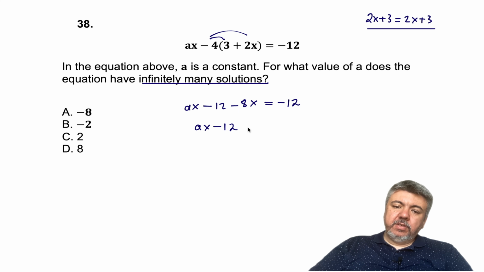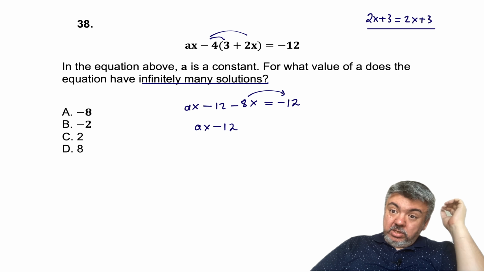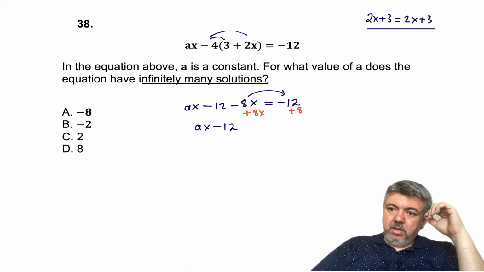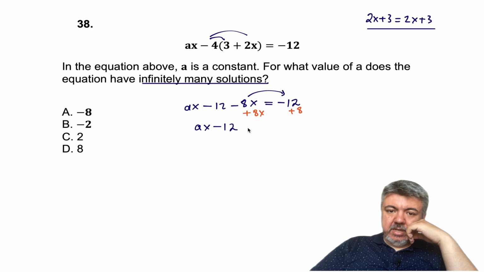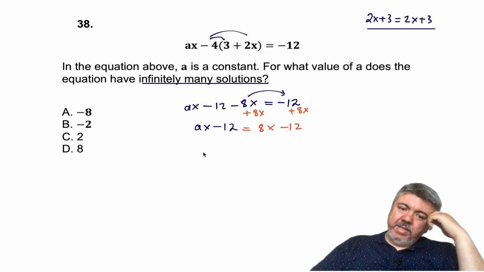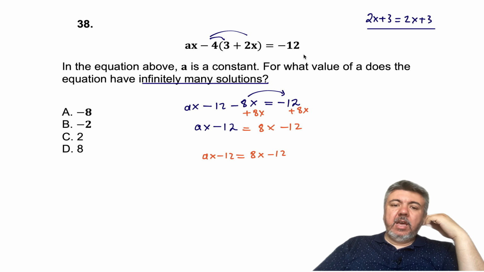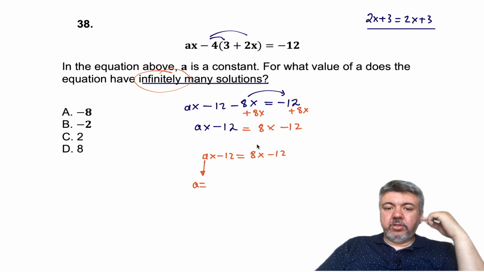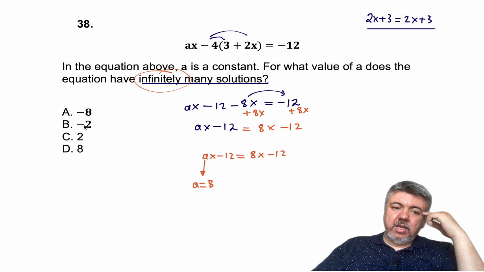Ax minus 12 stays here. Add 8x to both sides. So it's going to be 8x minus 12. Okay, once again, ax minus 12 equals 8x minus 12. If it has infinitely many solutions, then a should be equal to the coefficient of this x. So that is 8.